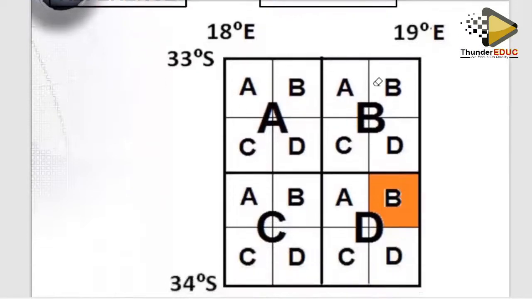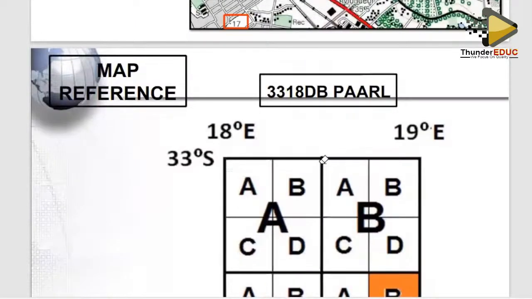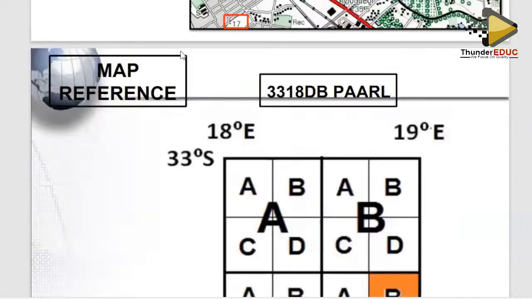Right, I will make an example of map referencing here before I come to this side and show you what is happening here. I will use the reference 3318 DB PAL. I will copy my reference as 3318 DB PAL.